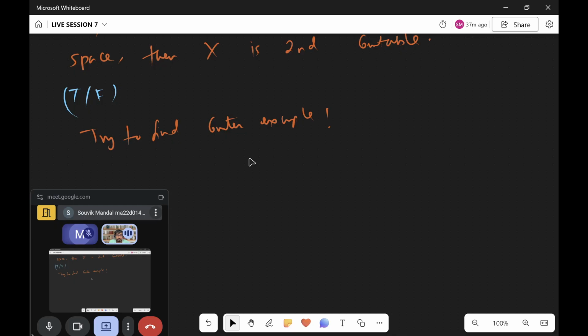Mustaq, please try to find some counterexample for this. The point is the answer is false, so you need to find a counterexample. Just take your time and let me know what the counterexample is.